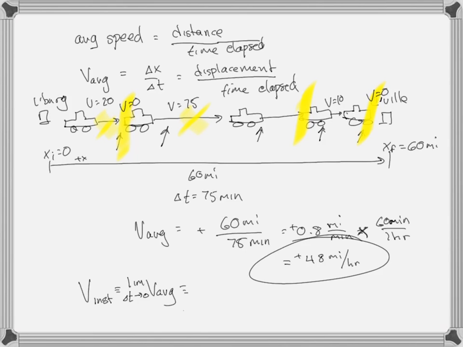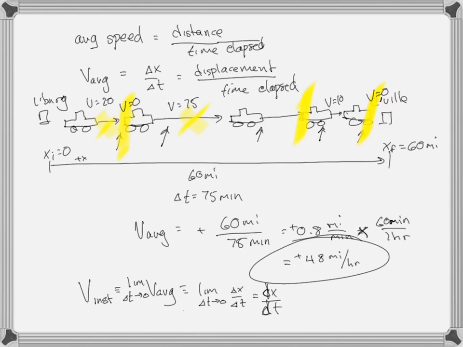So the instantaneous velocity is defined as the limit as delta t goes to 0 of delta x over delta t. You say, ooh, how do I calculate that? Well, sometimes it's easy, sometimes it's not. But in notation, that is what's called dx dt. So the delta turns into a small distance over a small time, and in the mathematical notation for a small distance and a small time is a little d.